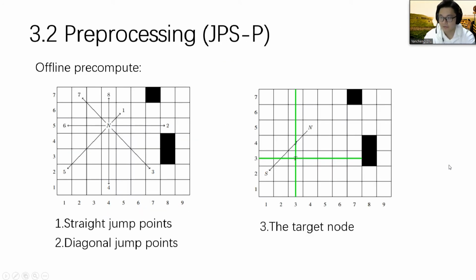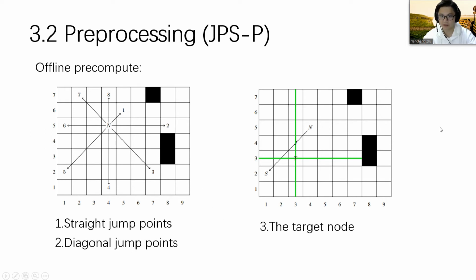And the other improvement is called pre-processing. This is the idea that you can pre-compute offline before running. In the first case, you can start the pre-compute with the start nodes in 8 directions and divide these nodes into straight jump points and diagonal jump points.